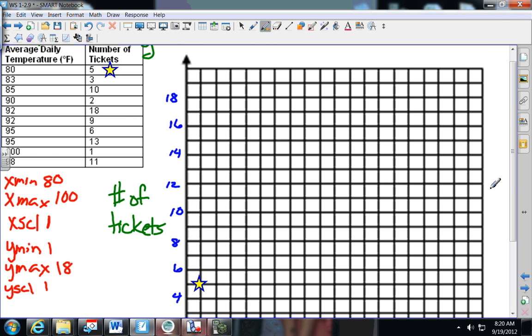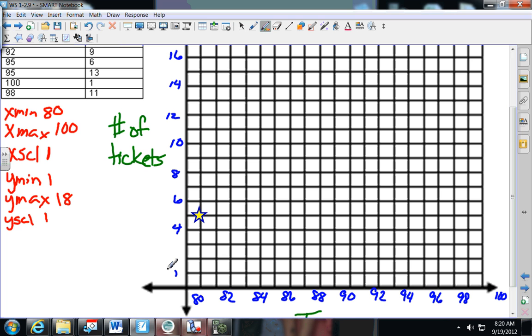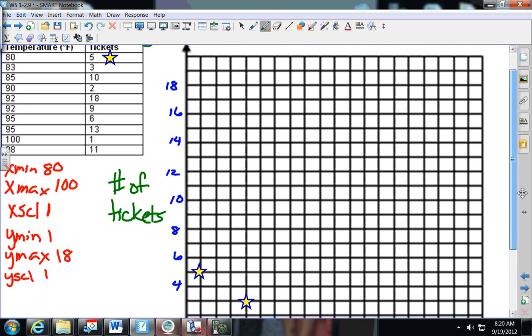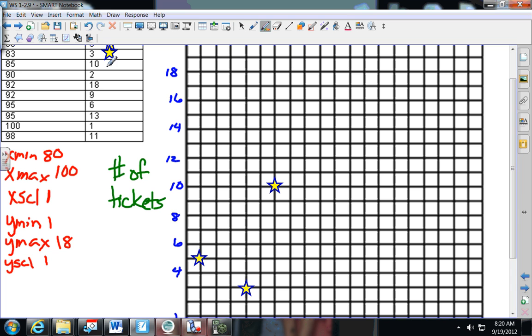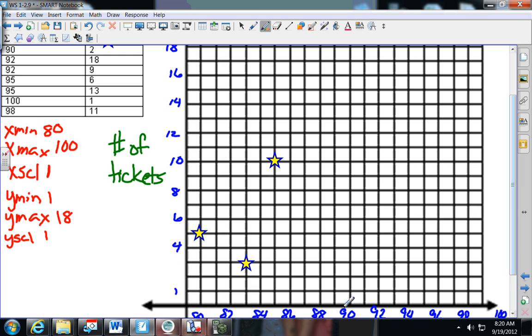And I have 83 and 3, so 83 and 1, 2, 3. 85 and 10, over 85 and up to 10. 90 and 2, let's see, 90 and 2, 92 and 18, 92 and up to 18 up here.